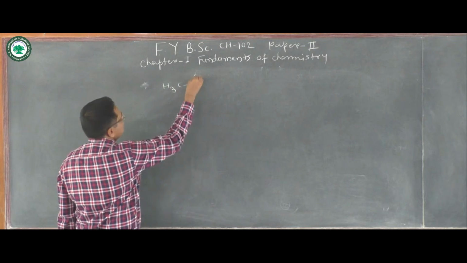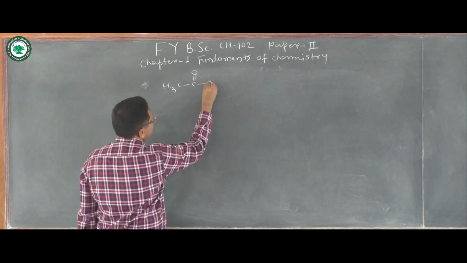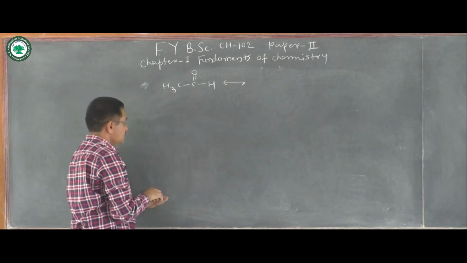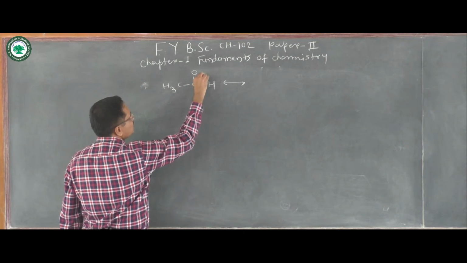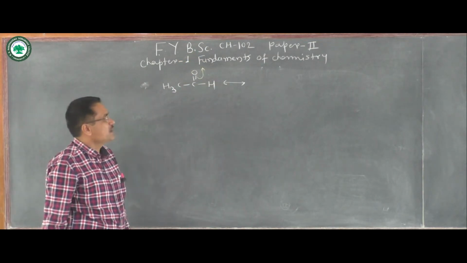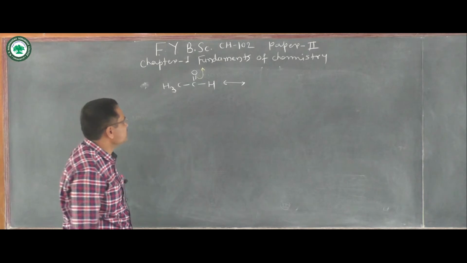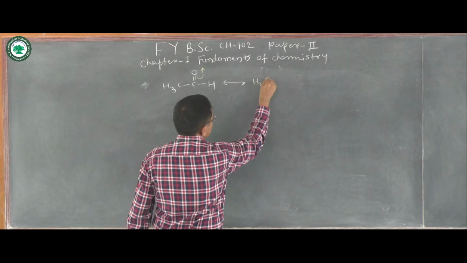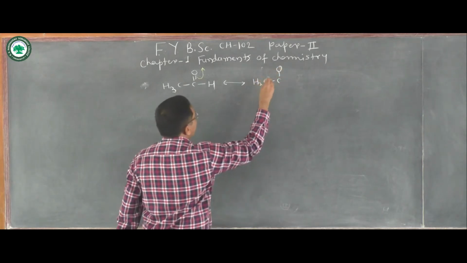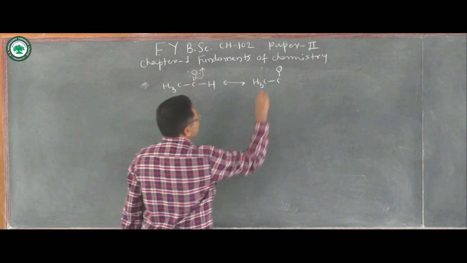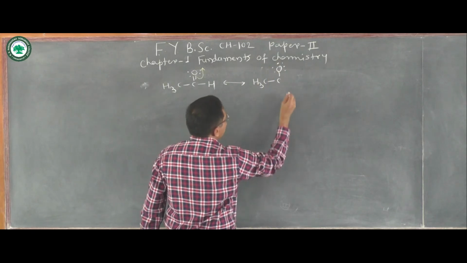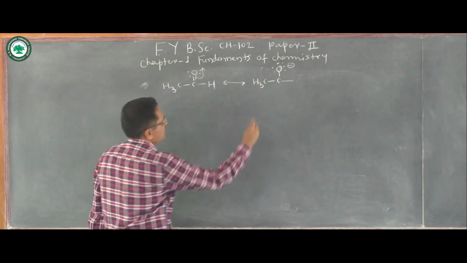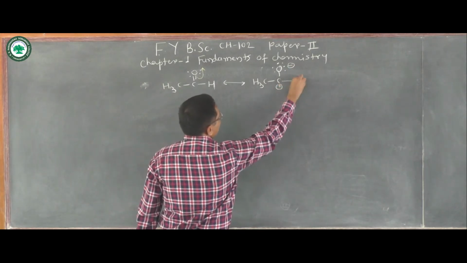Suppose we consider this resonance in aldehyde, then oxygen is more electronegative and hence the pi bond is shifted towards oxygen, and here 2 lone pairs now become 3 lone pairs and it carries a negative charge, and this carries a positive charge.